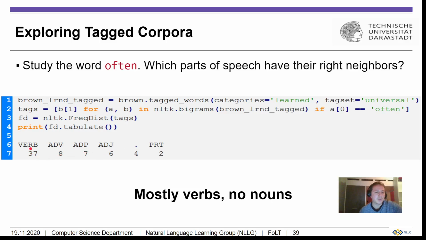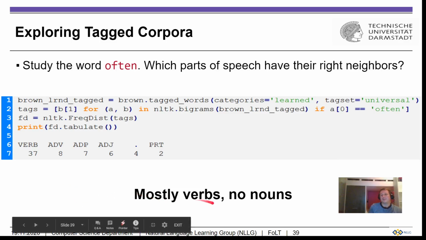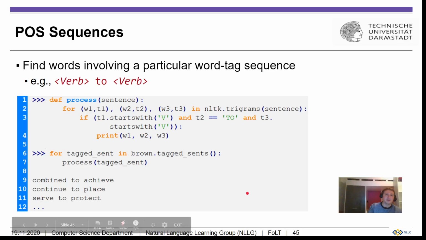But we have the verbs coming after often. So that's something like "I often like to swim," or "I am often laughing," right? So in this corpus we have mostly verbs, and no nouns coming after the word often.